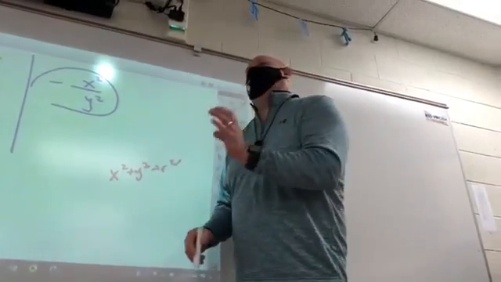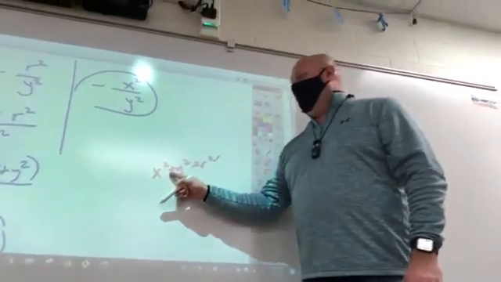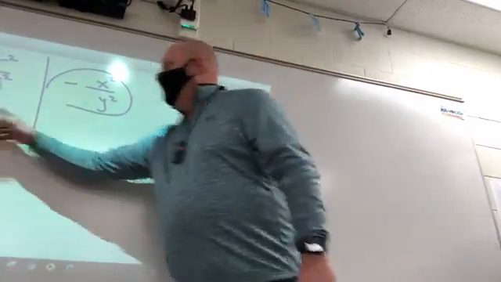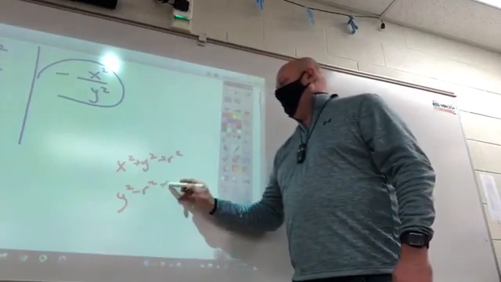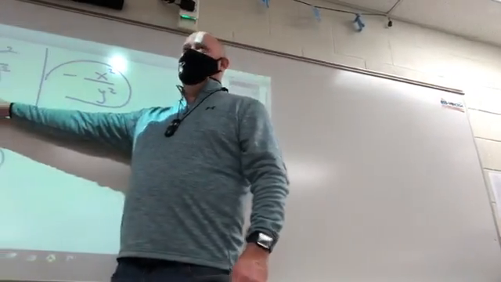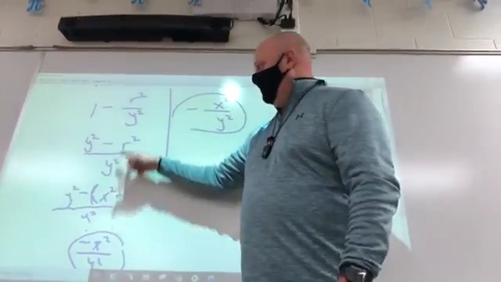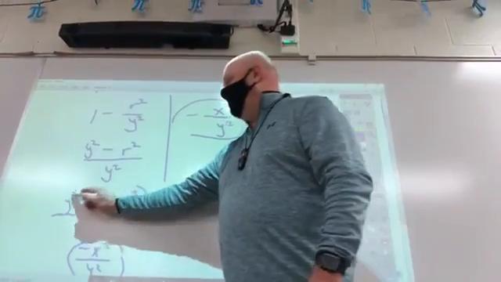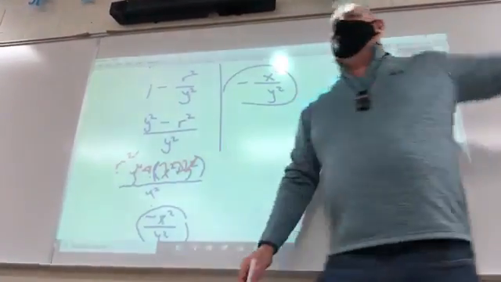Could I have made my life a little bit easier if I would have known that I could take this and say that's the same thing as y squared minus r squared equals negative x squared, and I could have right from here just taken this whole numerator, and instead of making this substitution, I could have just went, you know what, that whole thing, that's just r squared.